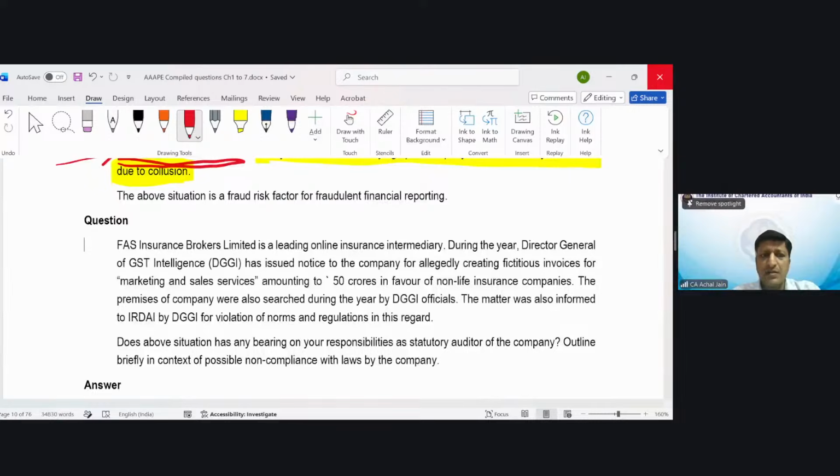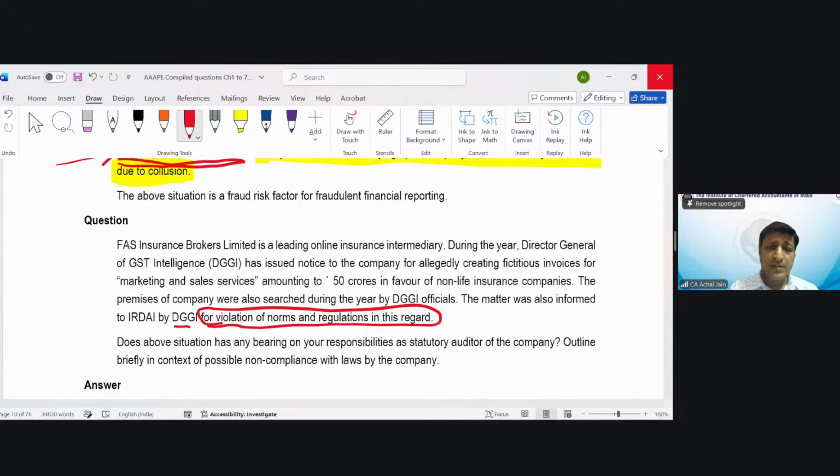Okay, so that's a concern. Premises of the company were also searched during the year by DGGI officials. The matter was also informed to IRDAI by DGGI for violation of norms and regulations.